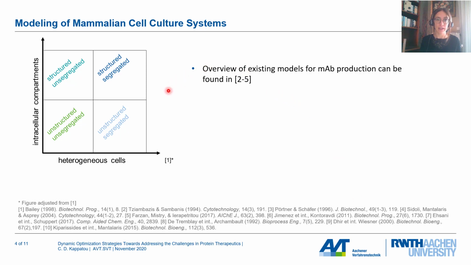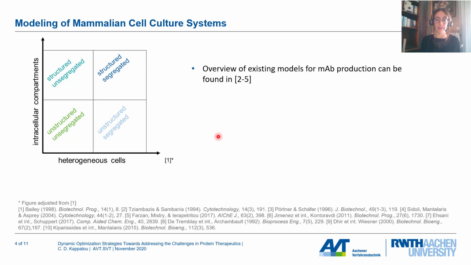They can be categorized based on whether or not we include intracellular compartmentalization, leading to structured models, and whether or not they include cell heterogeneity. If yes, we have segregated models, otherwise we have unsegregated models.